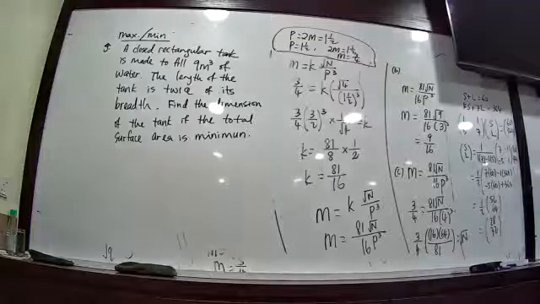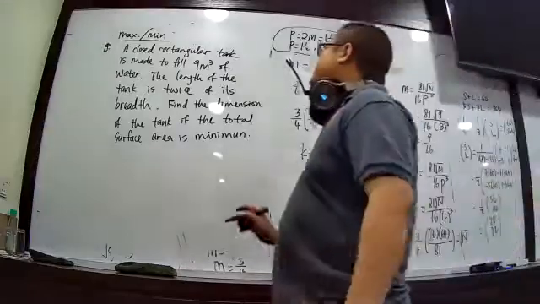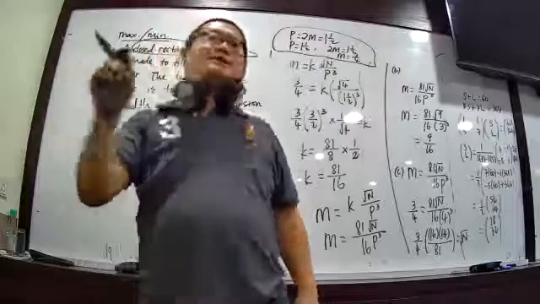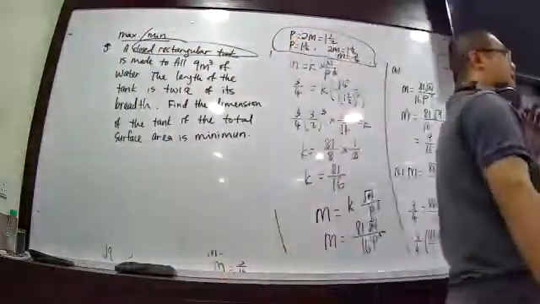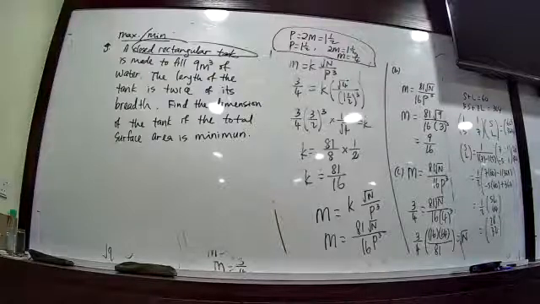Okay, ladies and gentlemen, if I give you this kind of question, how do you want to solve? I will say that a closed rectangular tank. What does closed mean? So if it's a closed rectangular tank, how many surfaces do you have? The first thing you have to ask yourself.